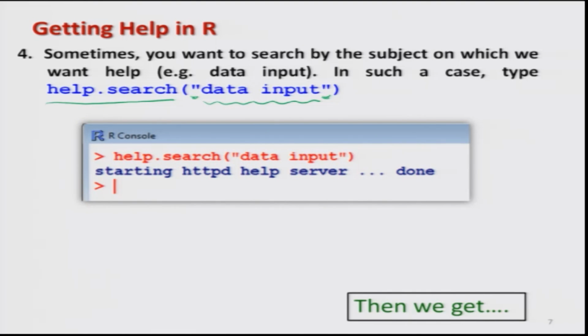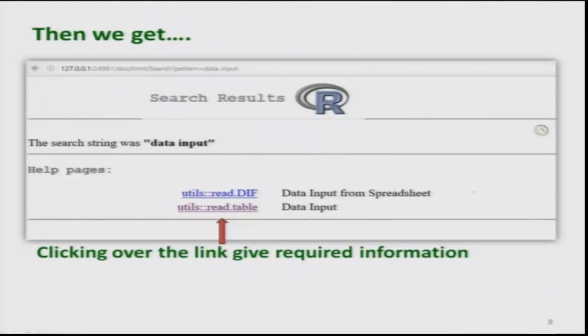So if you try to see here, I have taken the screenshot of the first site, and in the next slide I have taken the screenshot of the second thing. Here, if you click over here, you will get the details of the utility contained in read.dif, which gives you how to input the data from a spreadsheet.